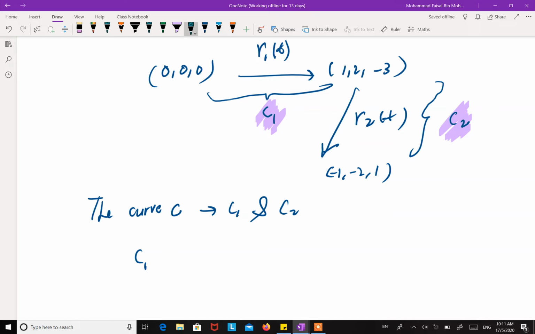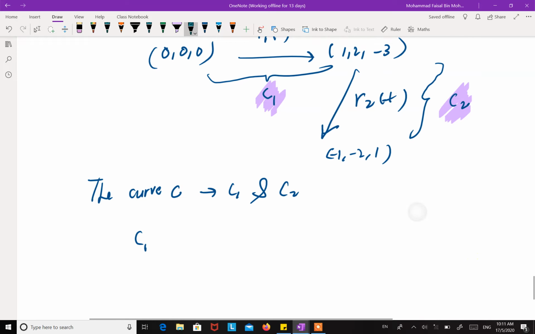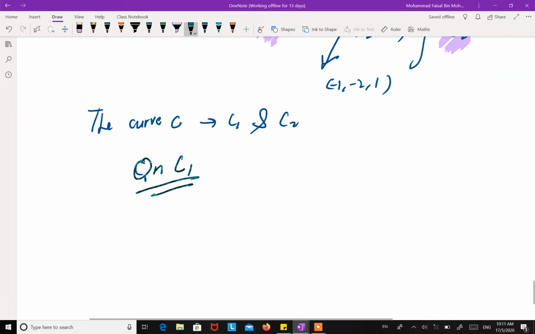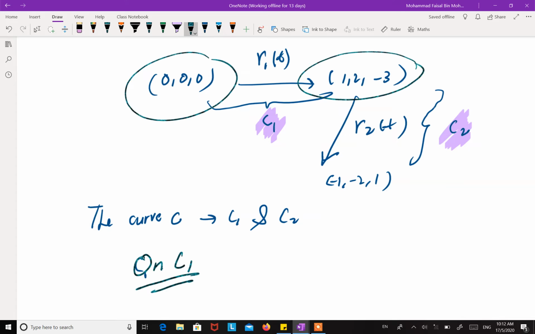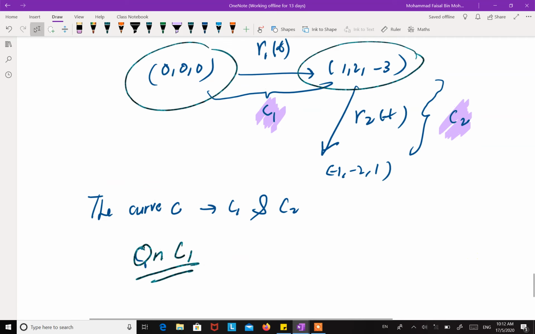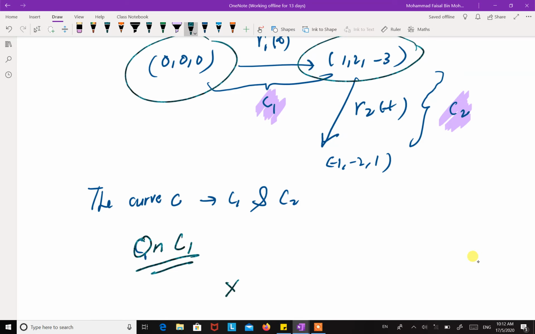So first, the solution for the line integral on C1. On C1, the calculation of the line integral. So remember, from these 2 points, you can find the parametric equations. Remember the formula: x equals x naught plus at, y equals y naught plus bt, z equals z naught plus ct, and a, b, c is the parallel direction.